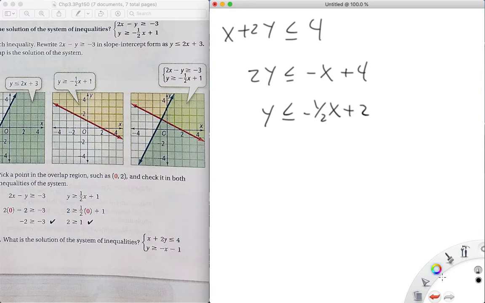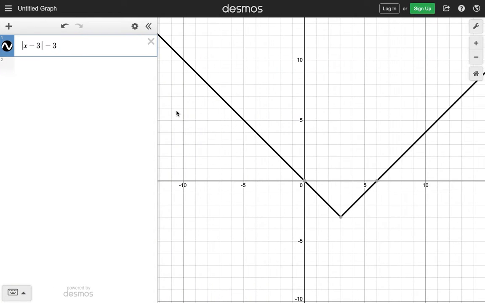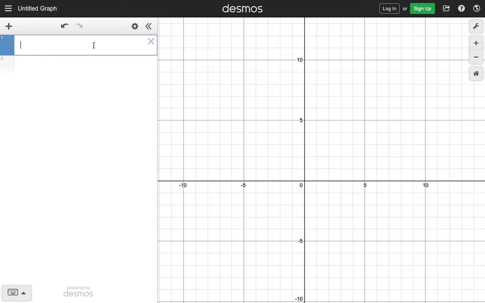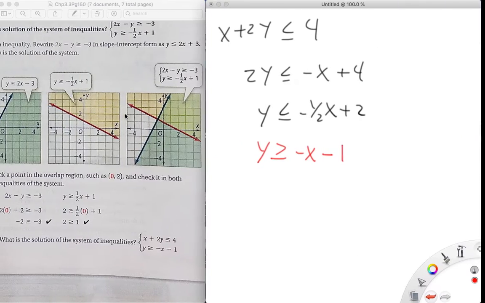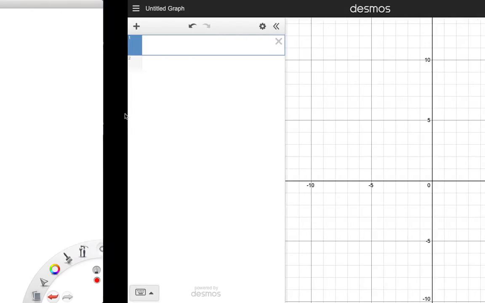That's my first equation, and my second equation is y is greater than or equal to negative x minus 1. Okay. Negative x plus 2.